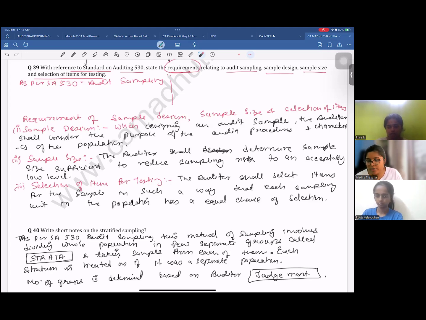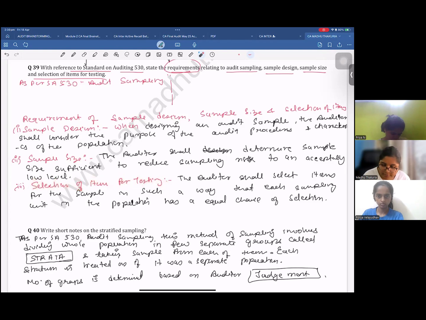Whatever conclusion you have drawn after testing the sample may not be the same if you apply the same audit procedure to the 100% of the transactions. And that is why you need to make sure that you have a sufficient sample size and you are not just testing like 10 transactions, 20 transactions out of 1000 transactions. And the last is selection of items for testing.